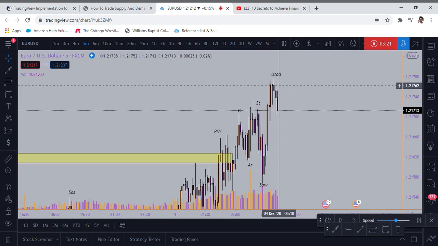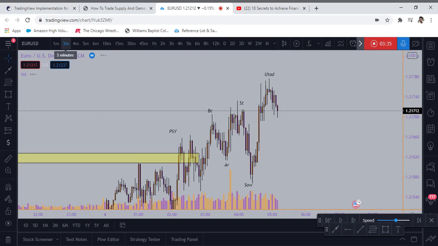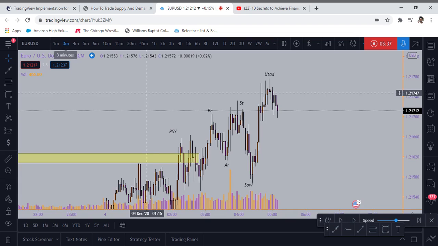So you got the UTAD, so what can you do now? For the people that want the precise entry, want to get in right as soon as the market turns, wait, if this is the successful UTAD, then go down to the smaller time frame and see if you can spot anything.